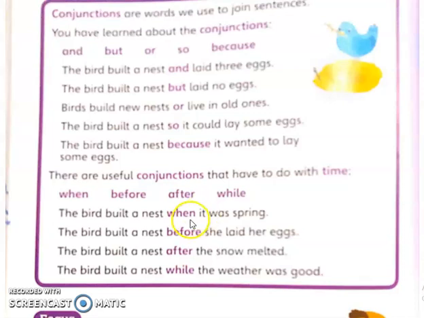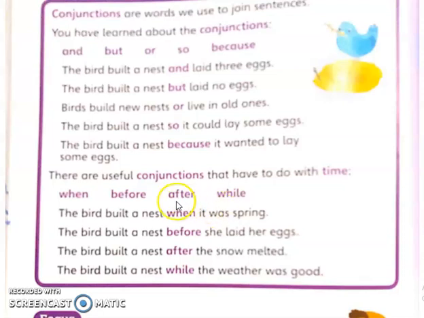If you look at the first, the bird built a nest when it was spring. When it was spring is a subordinate clause that cannot stand alone. It needs some other sentence to explain its meaning. Like, if you read when it was spring, automatically a question will arise in your mind: what happened when it was spring?